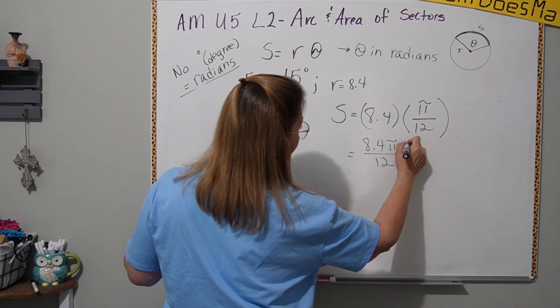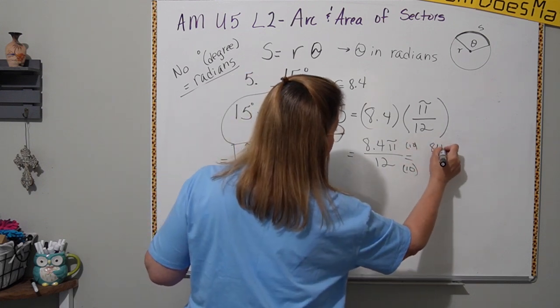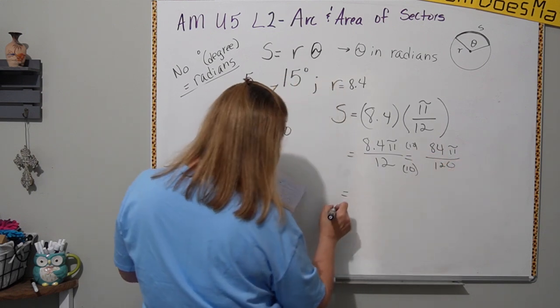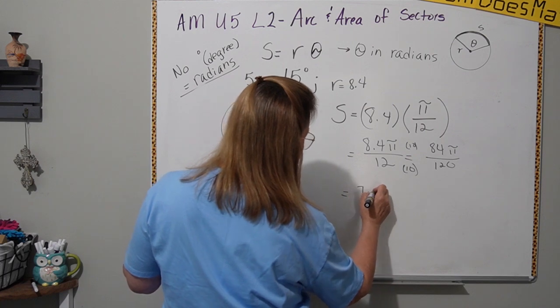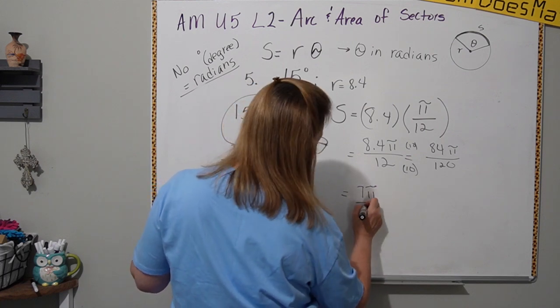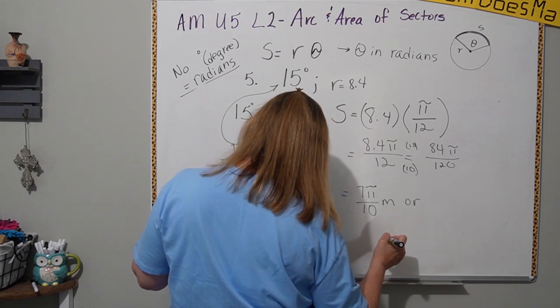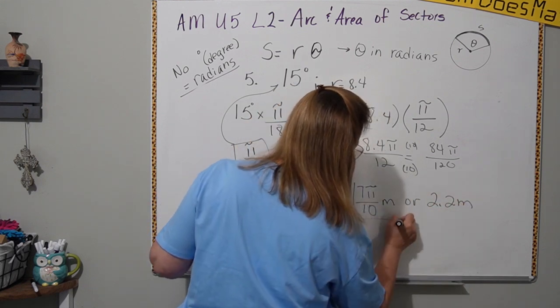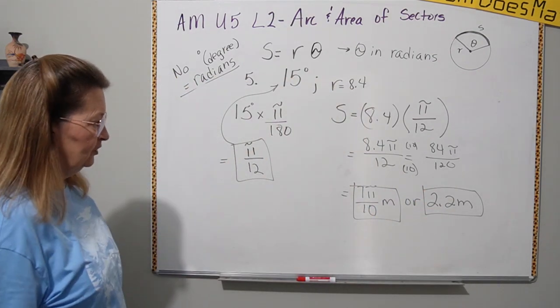So you would multiply by 10 over 10 if you're trying to do this by hand, and that's going to give you 84 pi over 120. When you simplify that down, that's going to give you 7 pi over 10 meters, and that will round off to 2.2 meters. And they asked for the answer in both formats, so we're going to do both.